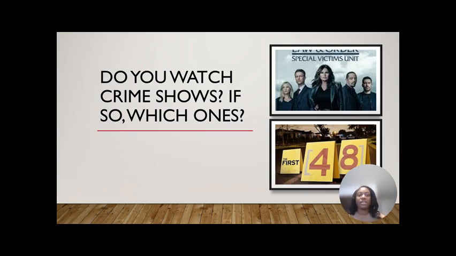But guys, when I say crime shows, let's stick mostly with those that solve crimes, solve murders, not actual litigations and civil cases and things like that. Excellent. Somebody put CSI, Law and Order. That is a really good one. Chicago PD. My mom loves that show. So excellent, guys. You have a gist of what we talk about in terms of crime shows.